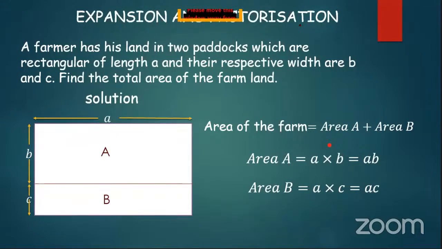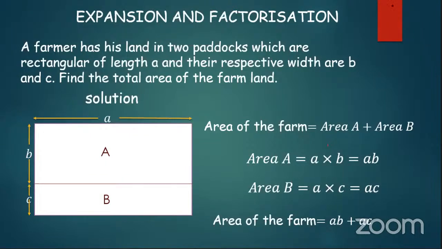And then the total area would be AB plus AC. Is that clear? Yes. So that would be one of the methods if we have used A and B.